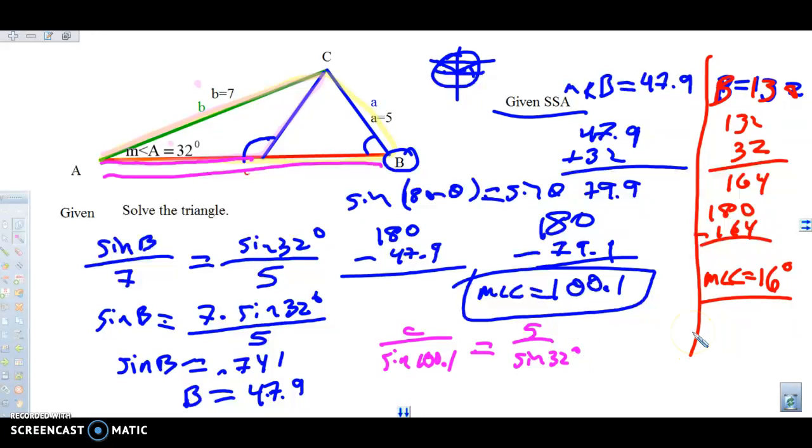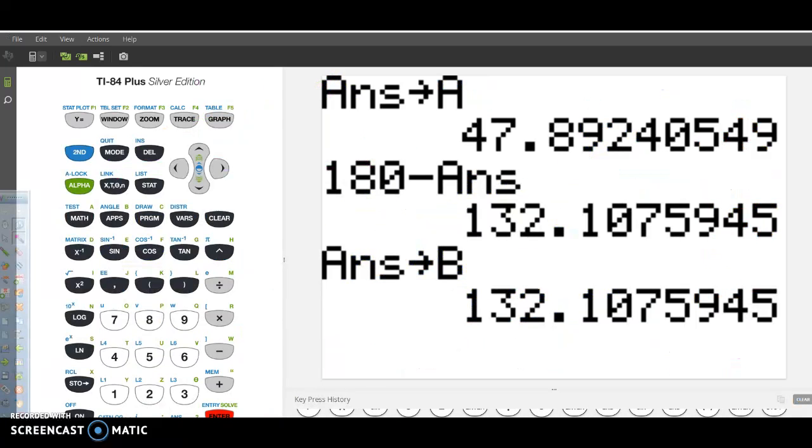In the other case, C divided by the sine of 16 degrees equals that same 5 over the sine of 32 degrees. So we'll have two sets of answers for this. I don't want to bore you with that, but we can go here to figure that out.